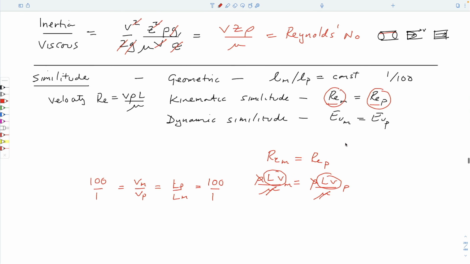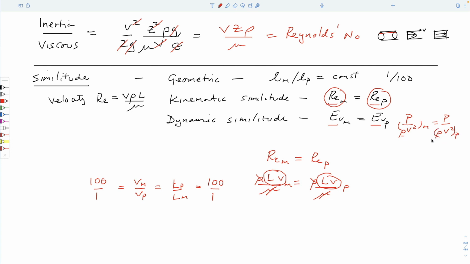And then if you do that, then you're guaranteed that if you measure the pressures on your model, then you can convert those pressures to the prototype because of this equation here: pressure over density times v squared of the model equals pressure over density times v squared of the prototype.